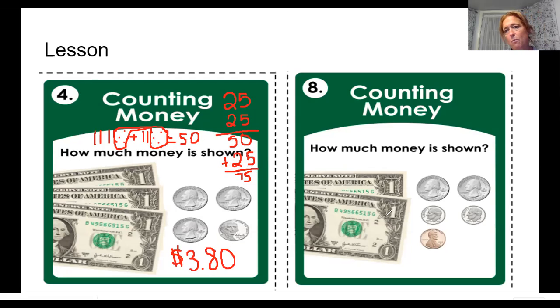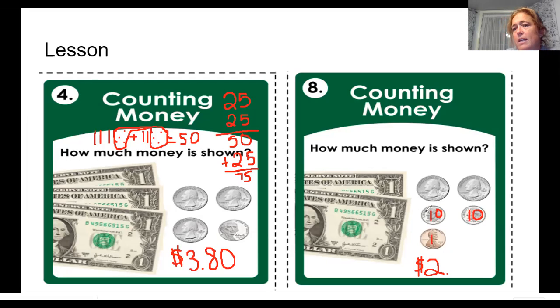Over here, we have $2. Okay, don't forget your dollar sign because we need to let people know what the numbers mean. Your decimal point. We have 25 plus 25, which we've already said is 50. Okay, if we go from 50, then we have to add a 10 and a 1.